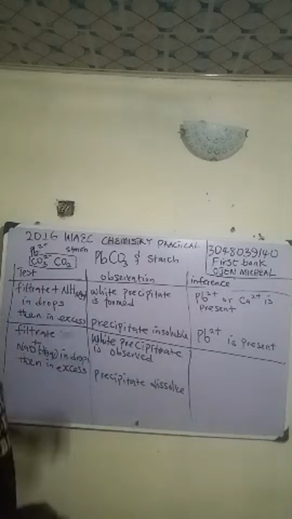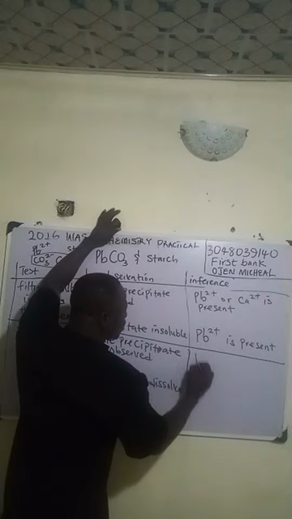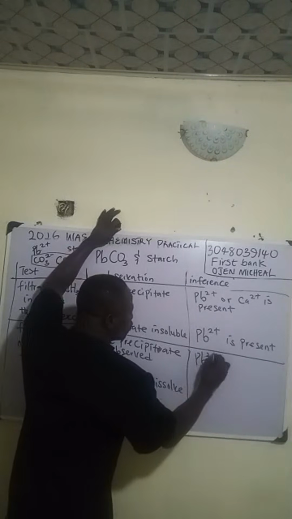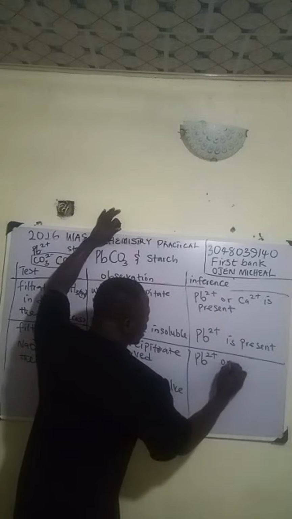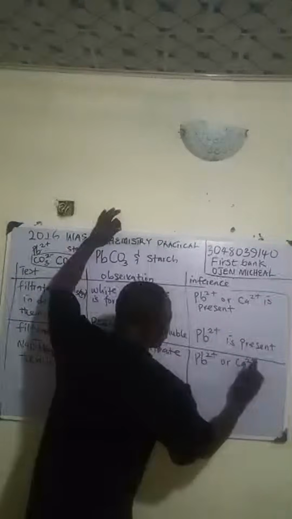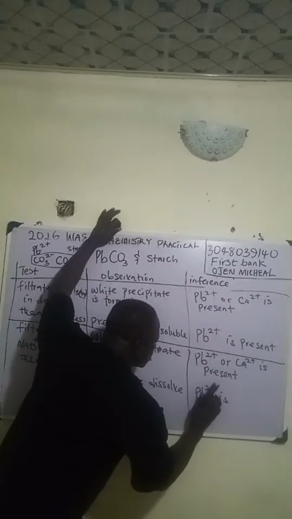Precipitate dissolved or precipitate is soluble. So what I'm going to see here is what? Lead 2 ion or calcium ion is present. And here we have what? Lead 2 ion is present.